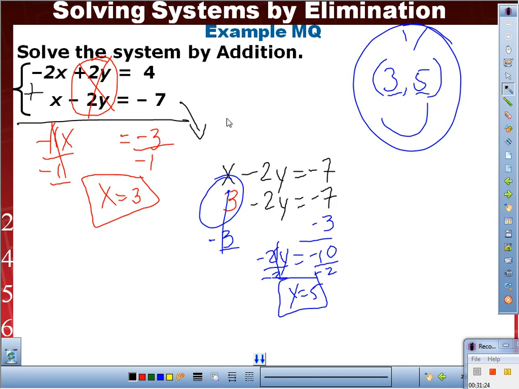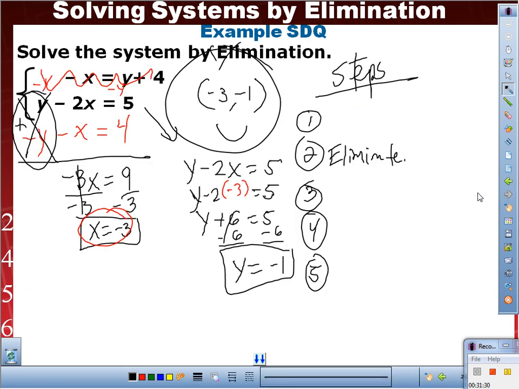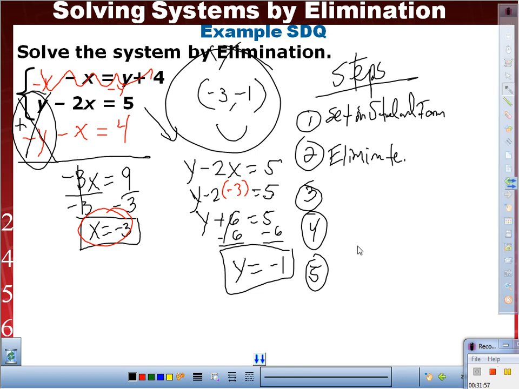What is step 1, people? Jerry. Set in standard form. That is correct. Set in standard form.